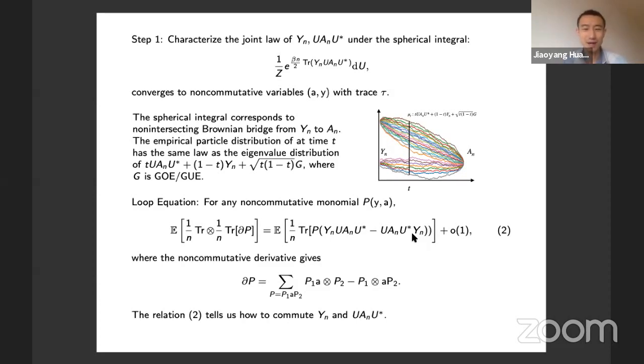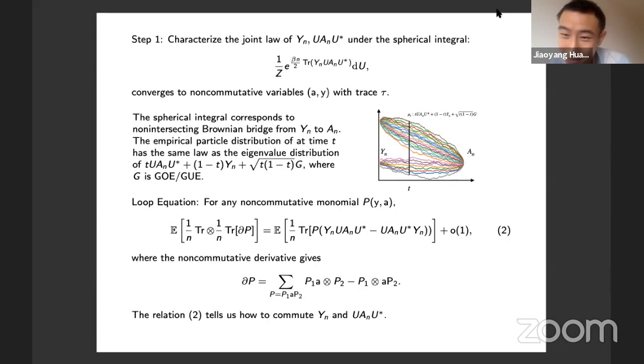So something like Yn to the power k times U(an) U star to the power L. And those quantities, we do know them from like this sum to the power k. So these two steps completely characterize the joint law of Yn and U(an) U star. So in this way, we have the joint law of a and y.